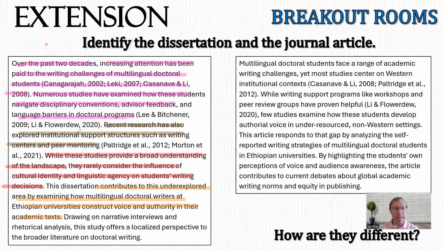Here, where the author says recent research has explored institutional support structures such as writing centers and peer mentoring. Here, the author says, while writing support programs like workshop and peer review have proven helpful, few studies examine how these students develop authorial voice in under-resourced non-Western settings.